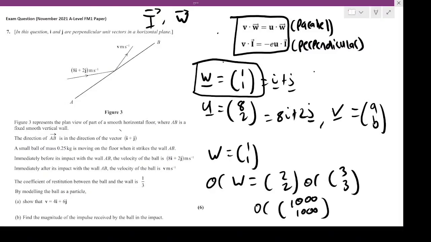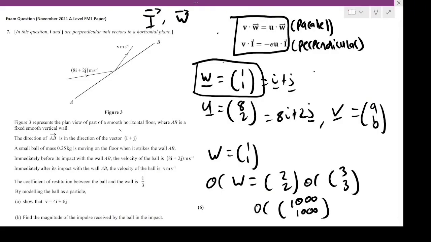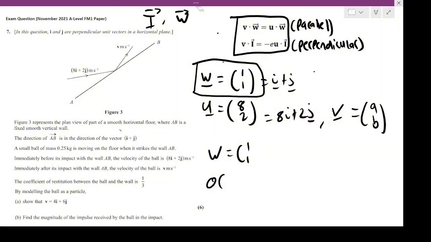The idea is we just care about a direction vector. All four of these vectors are examples of direction vectors, vectors that are a multiples. I don't care about the actual vector for the wall, I just care about the direction vector, so I can take any of these examples.